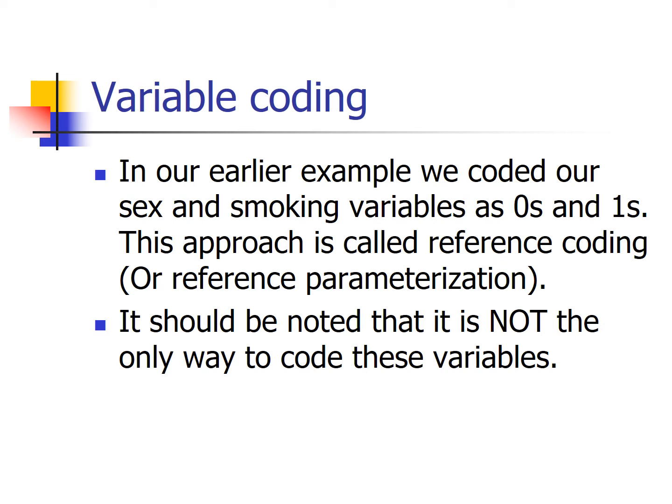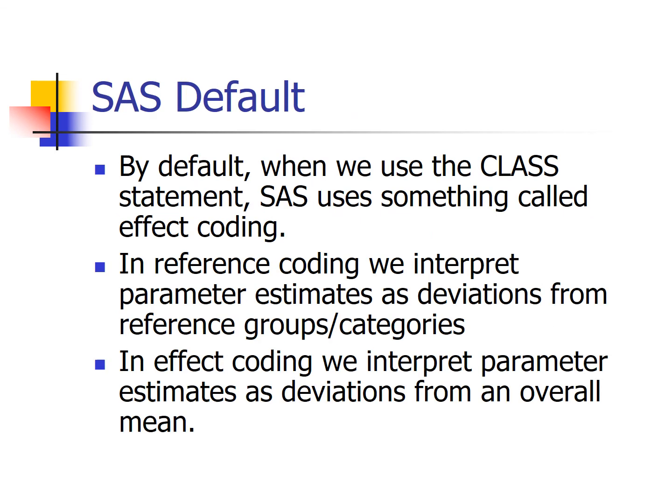But it should be observed that this is not the only way to code a dichotomous variable. By default, when we use the class statement, SAS uses something called effect coding.